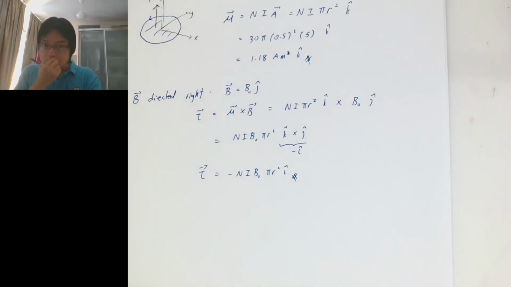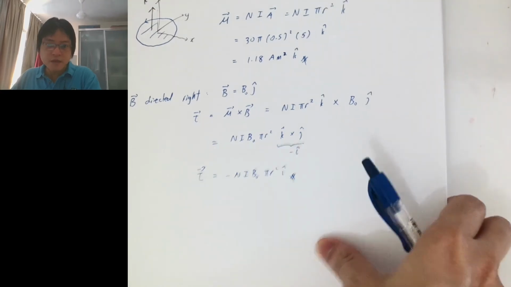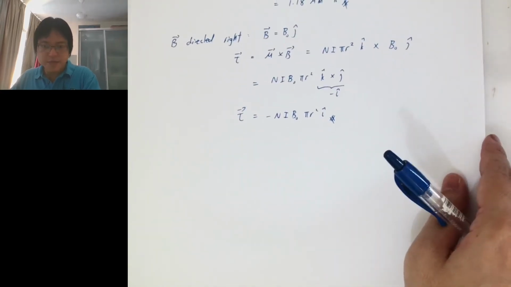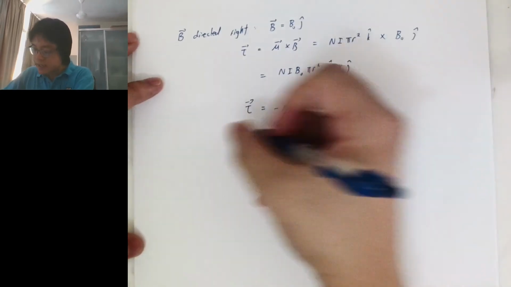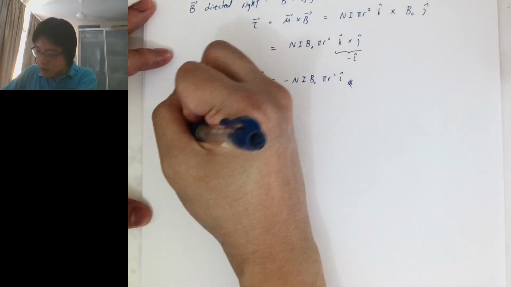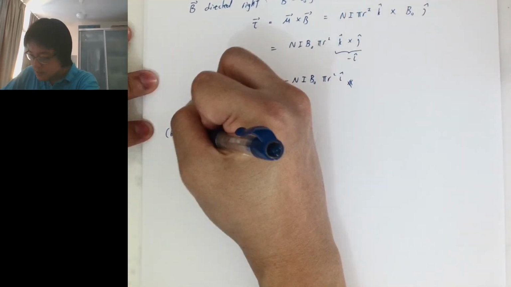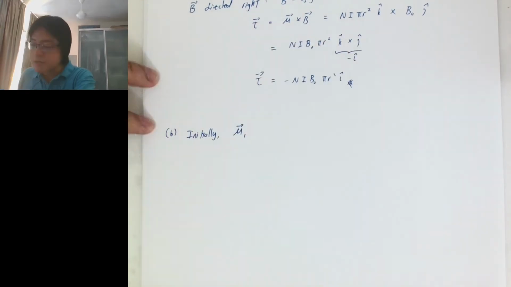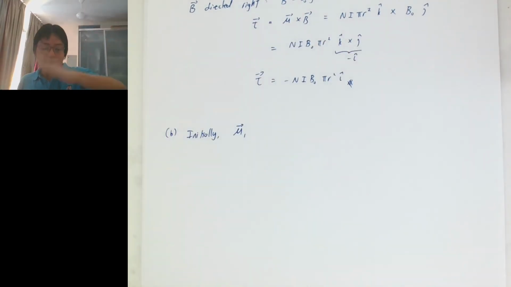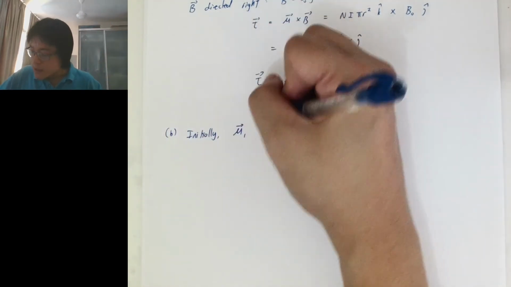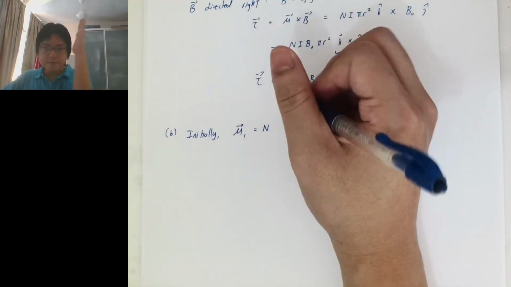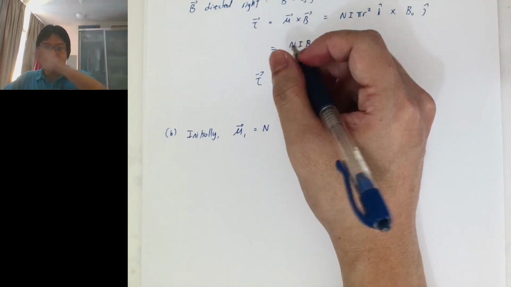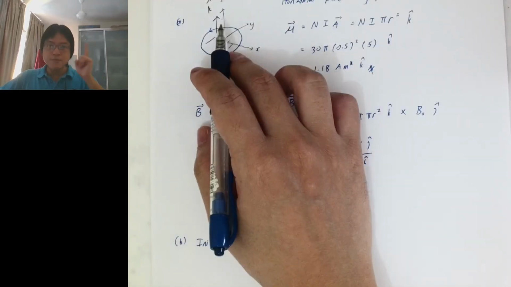Okay. Then for part B, the coil rotates from initial orientation where it's parallel. What is the change in potential energy? So basically what is happening here is that my magnetic moment will depend on position because it depends on the orientation. So initially it is pointing like flat on a horizontal surface, so my magnetic dipole moment is pointing straight up.